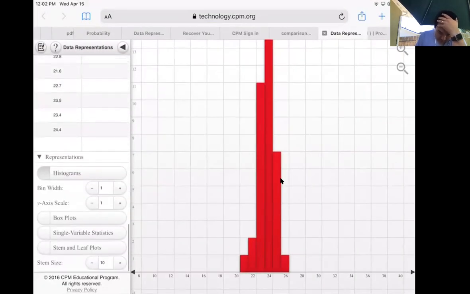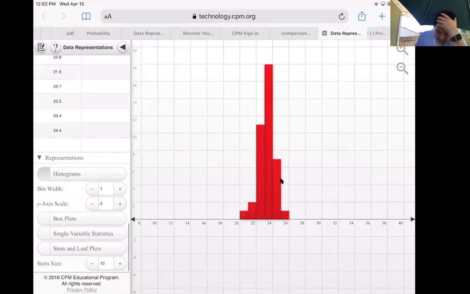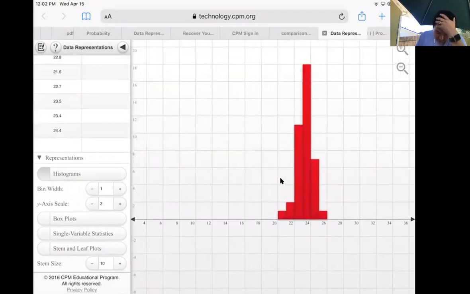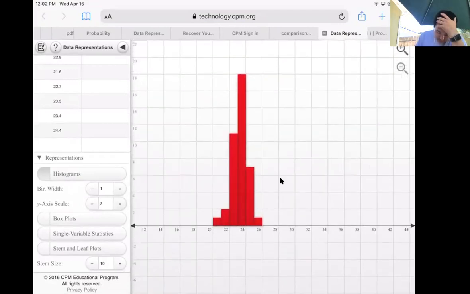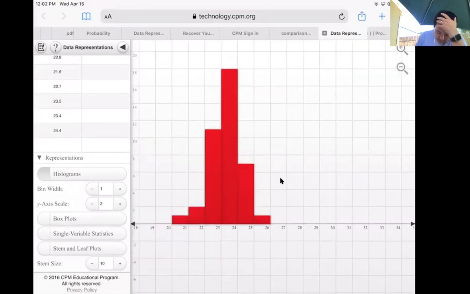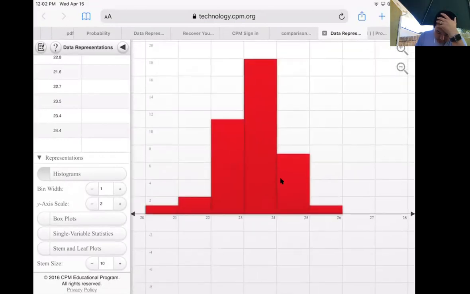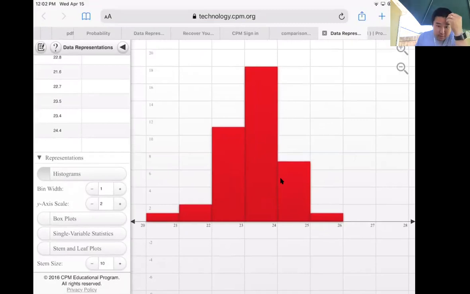If you change the y-axis scale, there you go. And you can hit menu or 9, show normal.